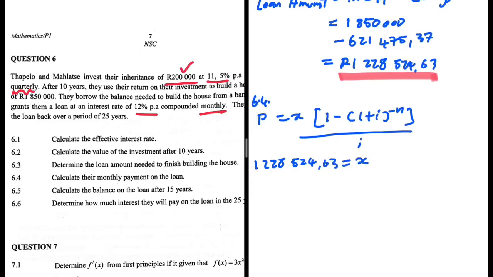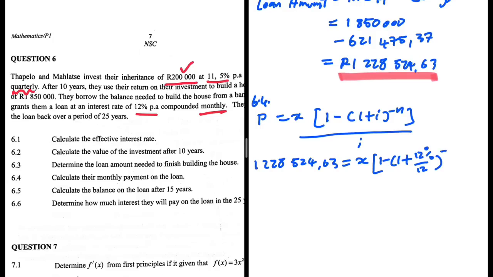X is the monthly payment that we are going to make. It's what we're interested in. Multiplied by 1 minus 1 plus the interest. The interest is 12% compounded monthly, so we divide that by 12.